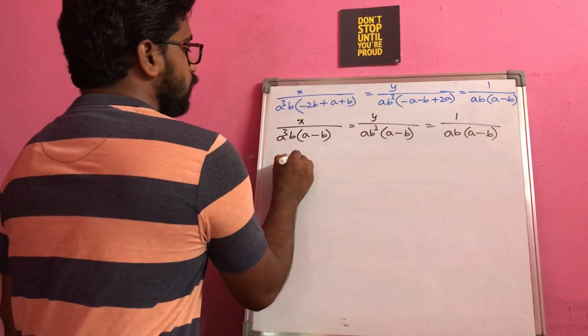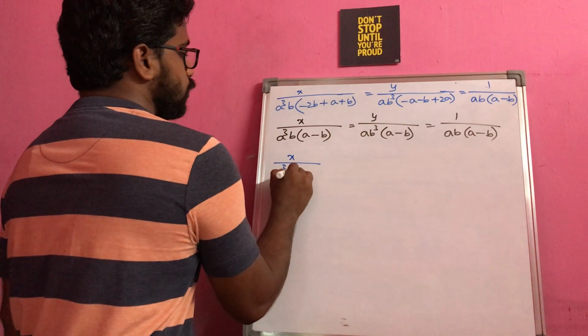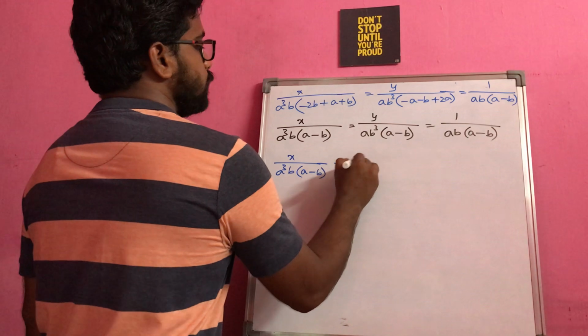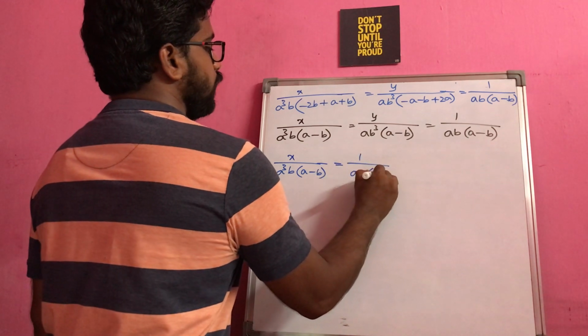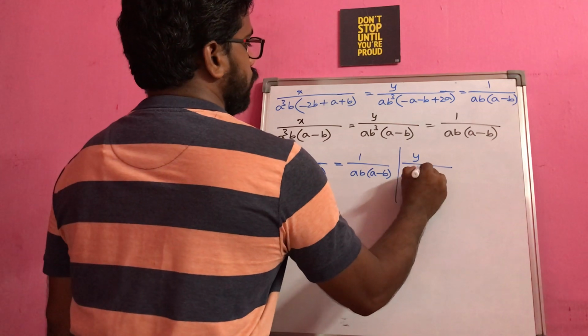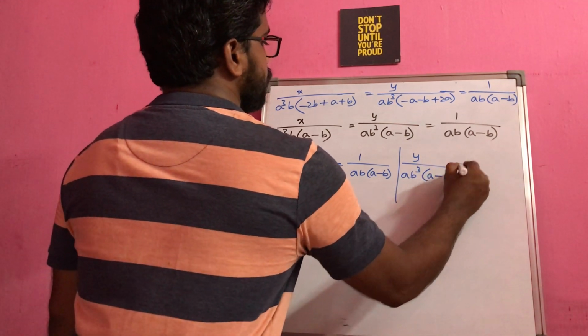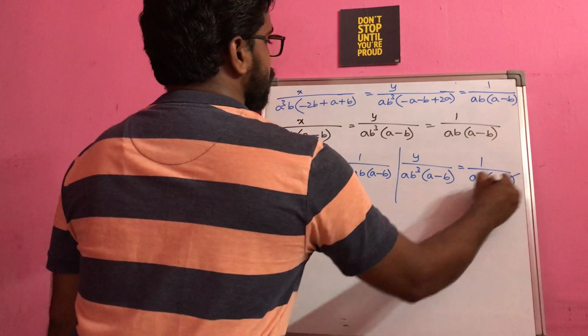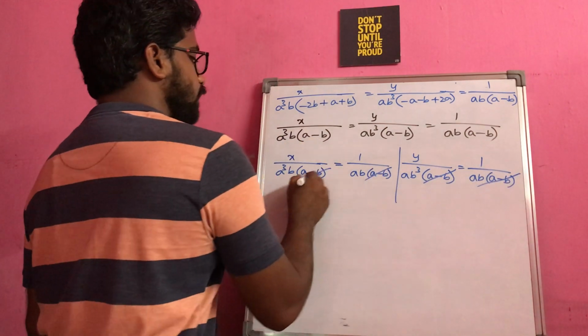So to find the value of x, I have to equate like this: x by a cube b into a minus b is equal to 1 by ab of a minus b, y by ab cube into a minus b is equal to 1 by ab into a minus b. So you can cancel out a minus b directly.